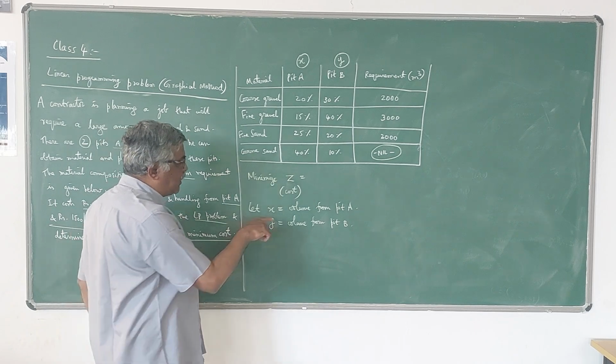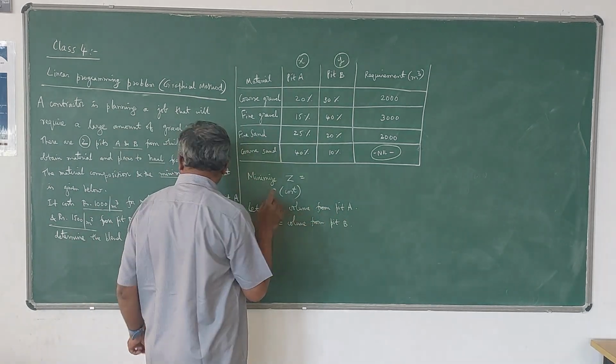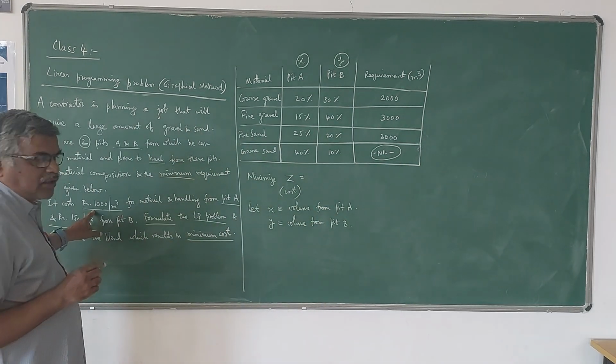So for 1 meter cube from pit A, it costs 1000 rupees.